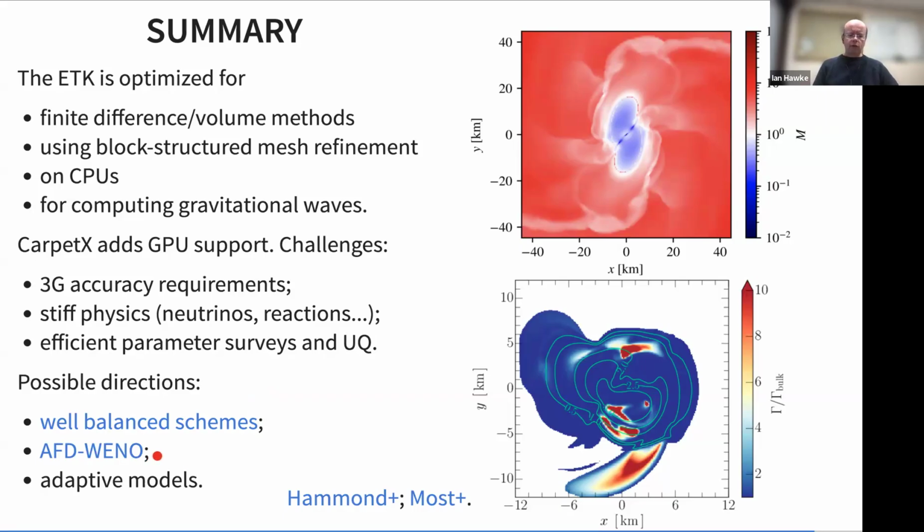There's the rather unfortunately named alternative finite difference WENO schemes, which are a different way of including Riemann solvers within efficient finite difference methods. They may be much more practical for dealing with more complex physics where we don't have a nice balanced law form because they extend nicely to that.